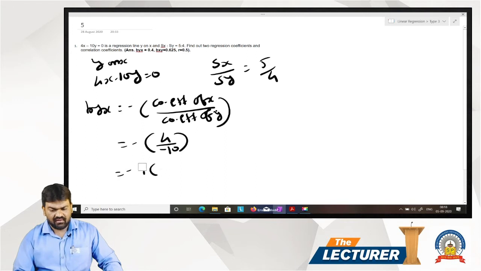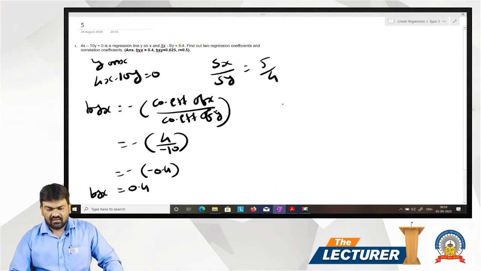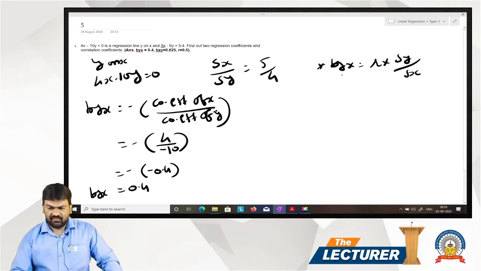Minus 4 by minus 10 is 0.4. This is our byx. Now byx is equal to r multiplied by standard deviation of y upon standard deviation of x. byx is equal to 0.4.